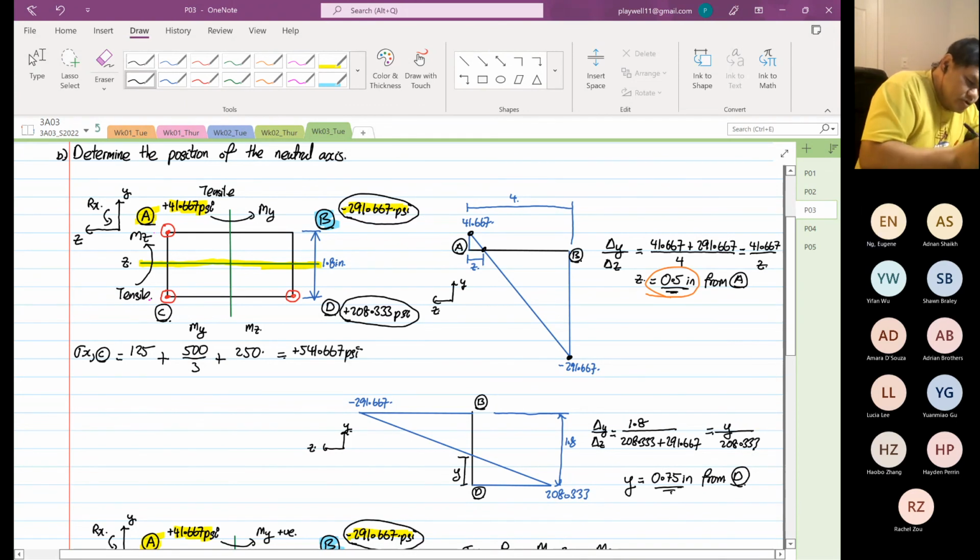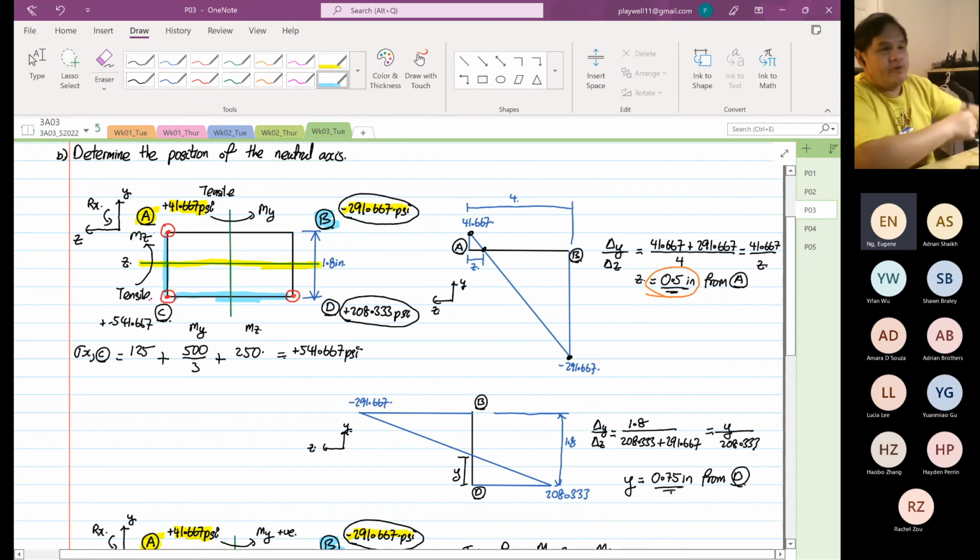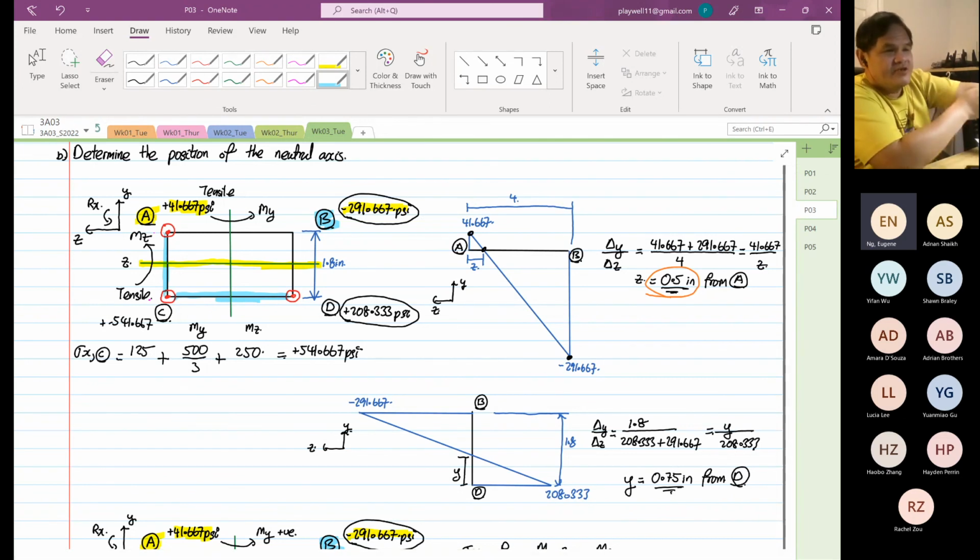Okay. So if you look at 541.667 over here, positive, we know that the neutral axis will not intersect this line or this line, right? Because point A is positive, point C is positive, and point D is also positive. Hampo, does that make sense to you?